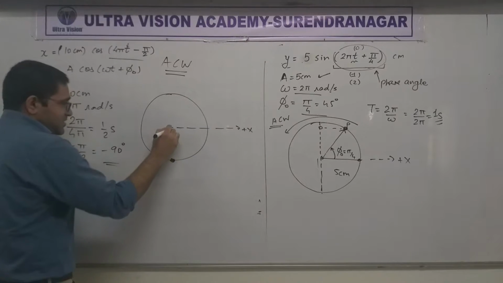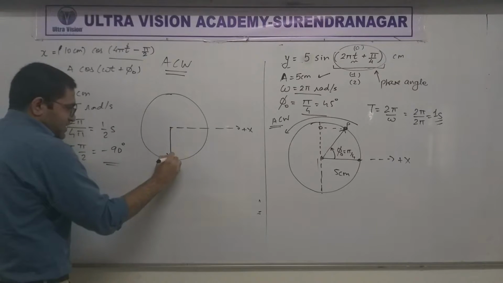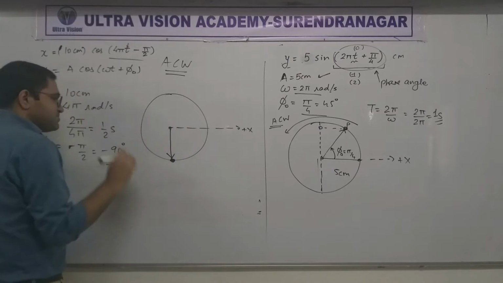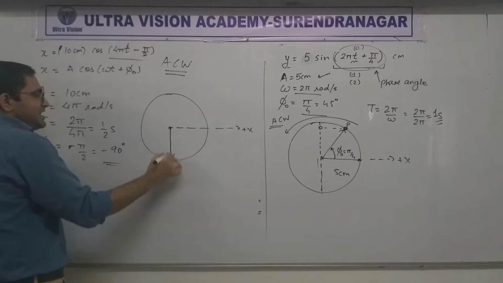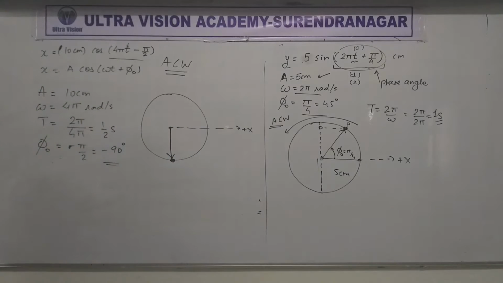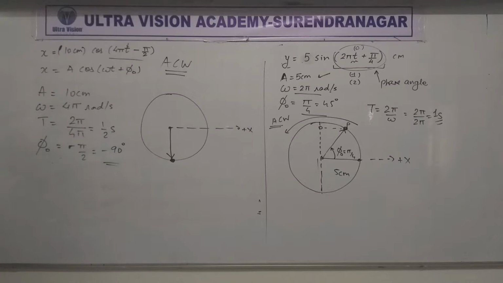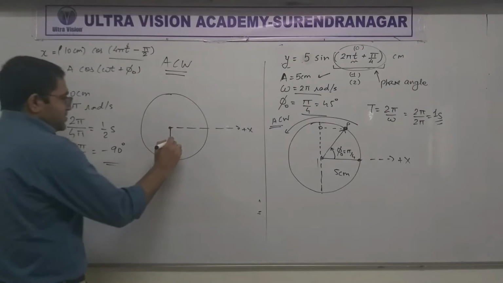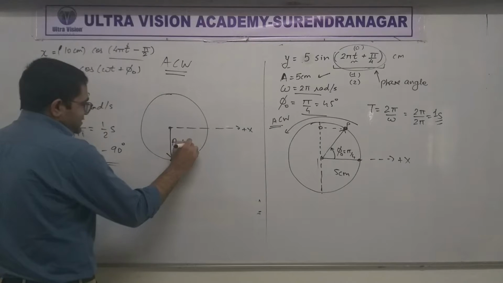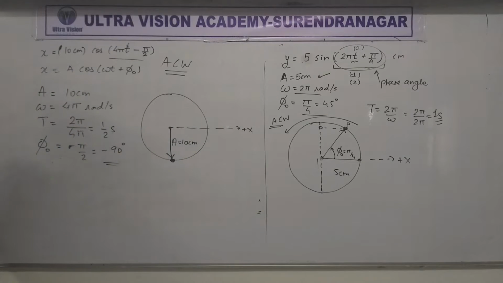Is this fine? At the start the phasor will be here. Clear? What will be the length of this phasor? Ten centimeter. Very good. So this is the amplitude again, that is going to be 10 centimeter.